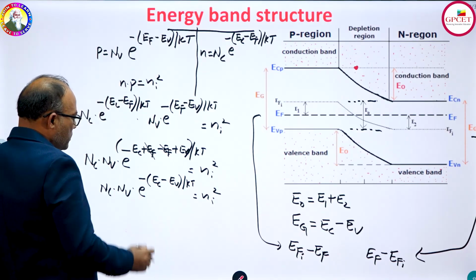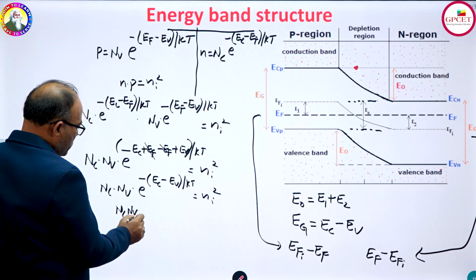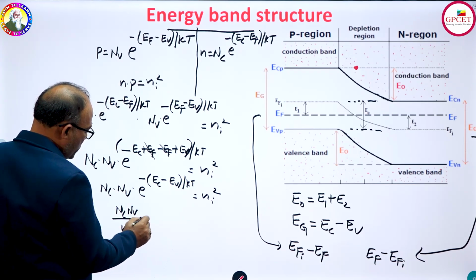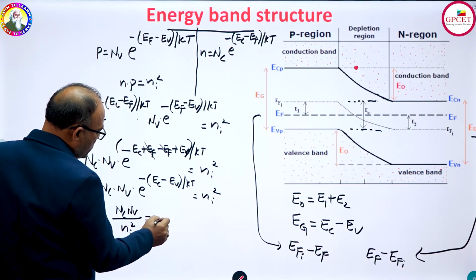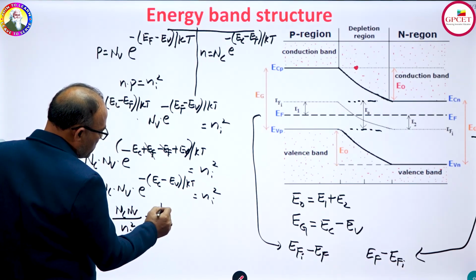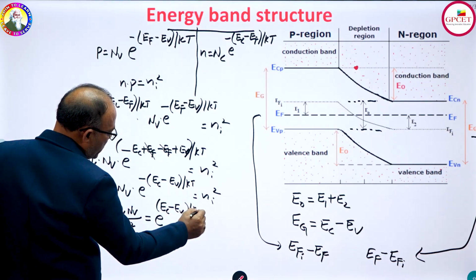Therefore, NC into NV divided by Ni square is equal to e power, the minus becomes plus, e power EC minus EV divided by KT.